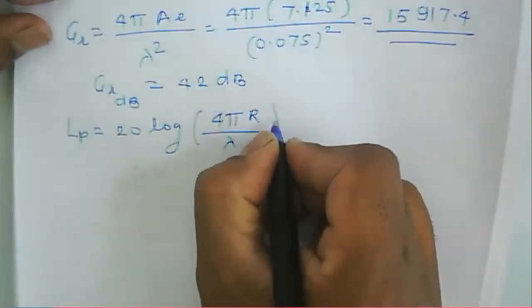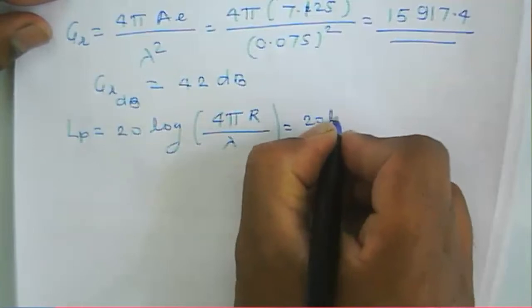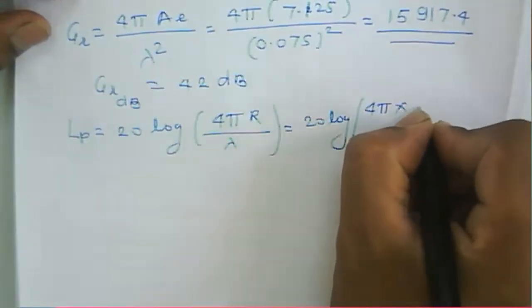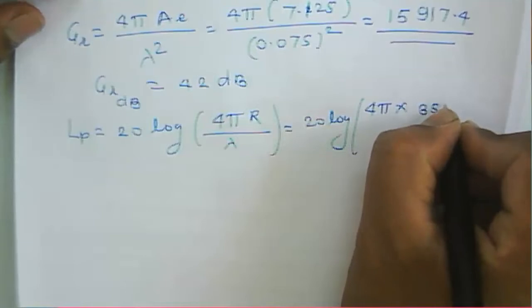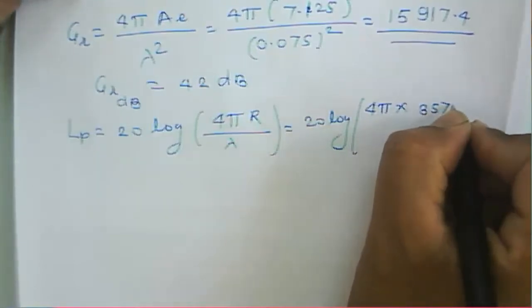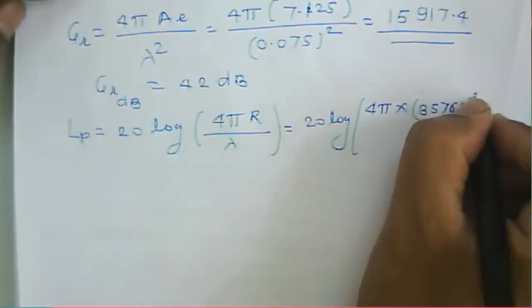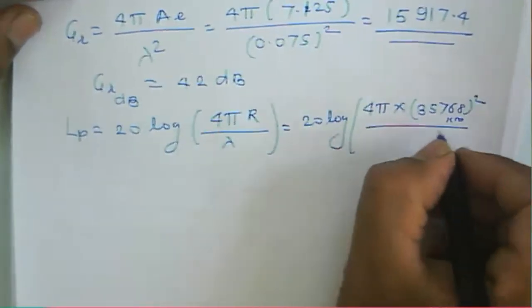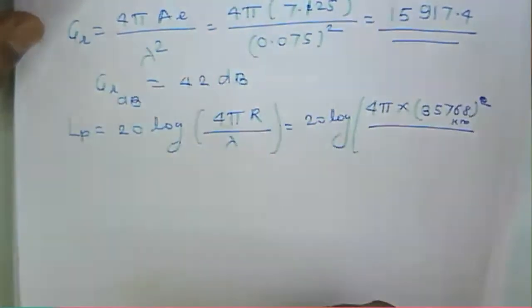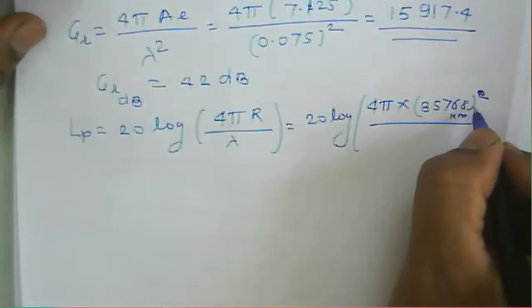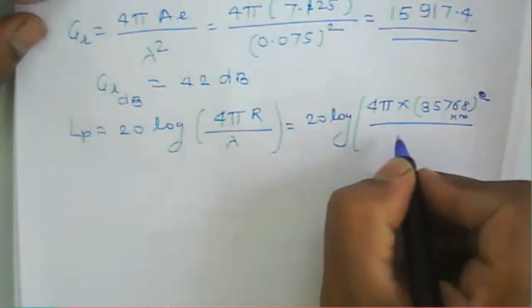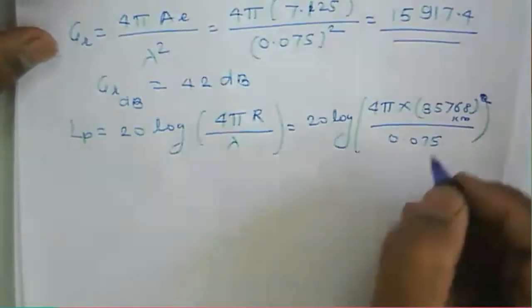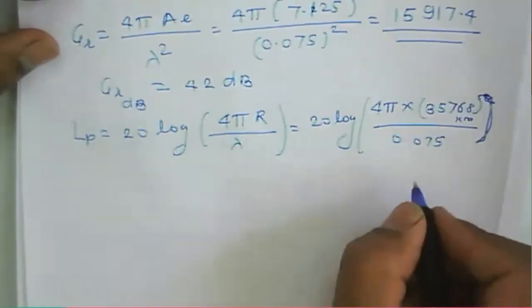So it is equal to 20 log of 4 pi into r, where r is equal to 35768 kilometer, divided by lambda, that is 0.075.